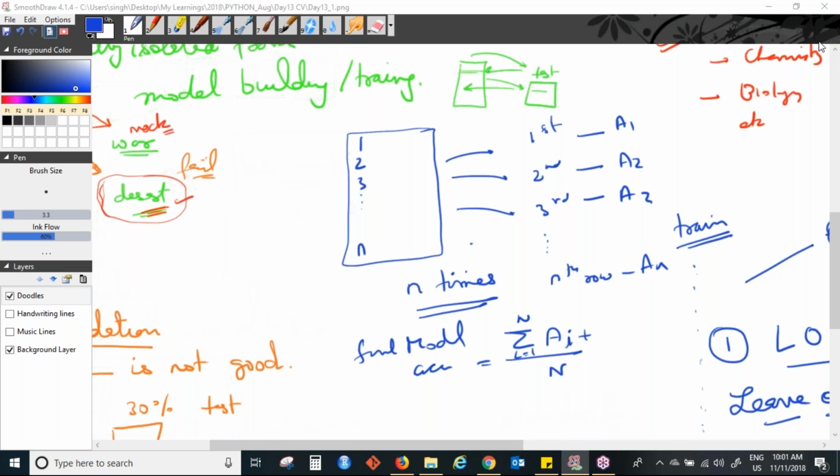This is why leave one out cross validation is a very good approach, which removes all disadvantages of just having a train and a test data.